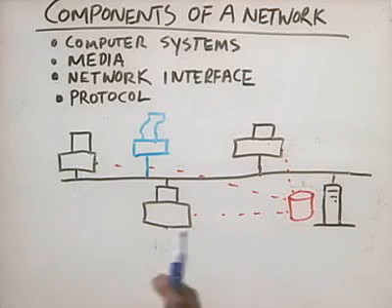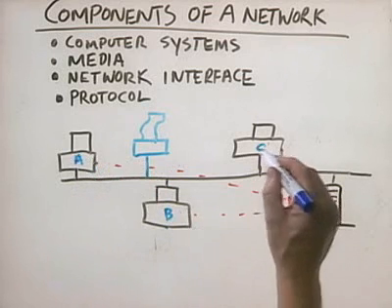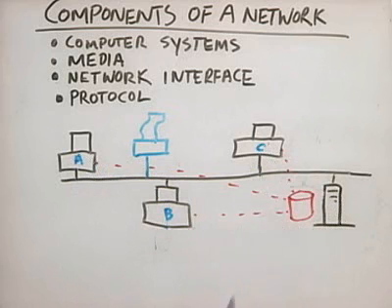Now, networks are also very useful within companies to increase work group productivity and collaboration. For example, suppose we have a work group here. We have user A, we have user B, and user C. They're members of a team, and their team is charged with designing the latest and greatest version of their company's product.